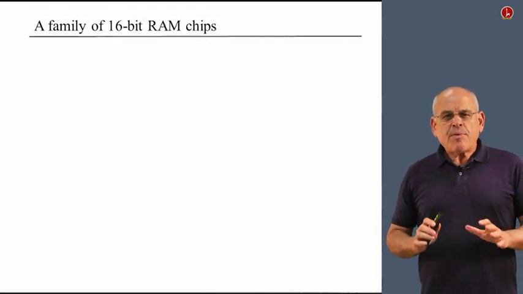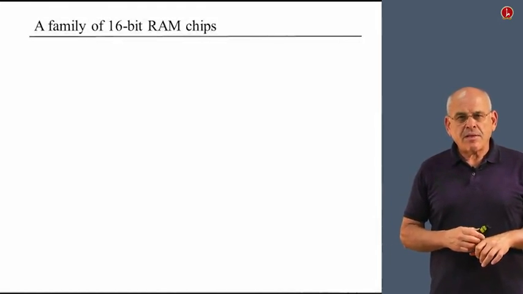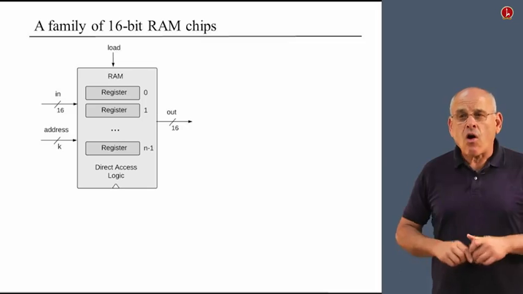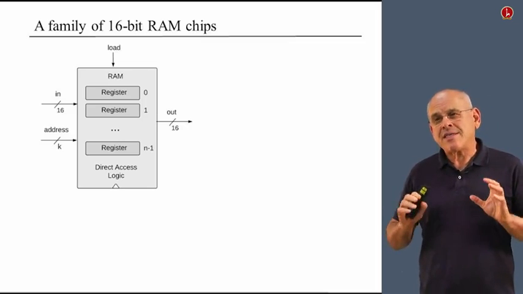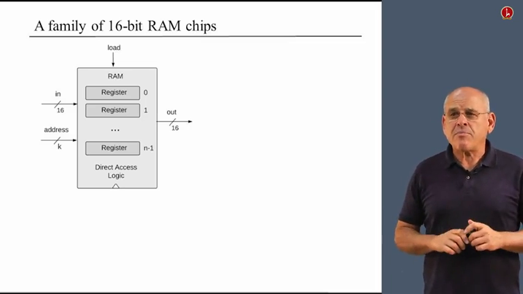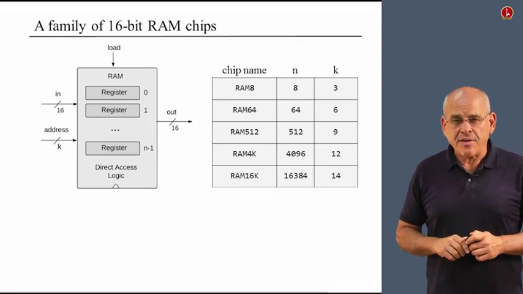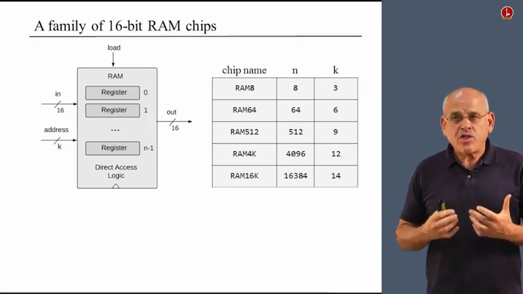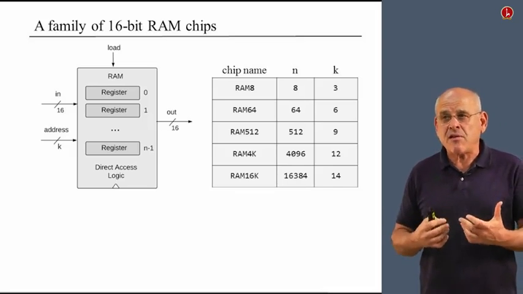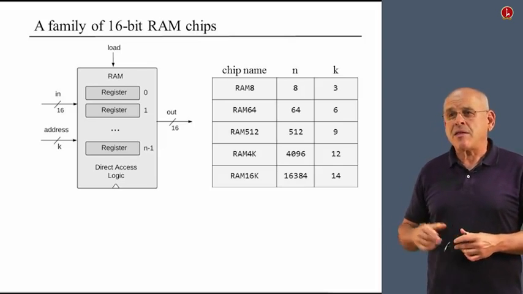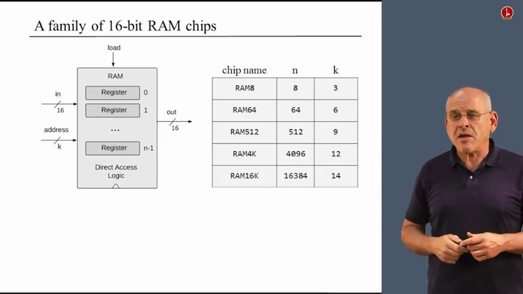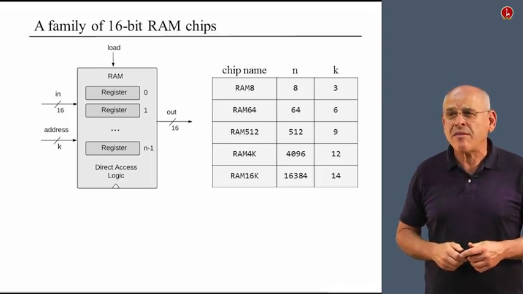Now, in this particular course, we are going to build a family of 16-bit RAM chips. All of them are going to have exactly the same generic architecture, but the details are going to be slightly different. So here are the chips that we are actually going to build. We'll build a RAM8 consisting of 8 registers, and the length of the address is going to be log of 8, which is 3, log to the base 2 of 8.